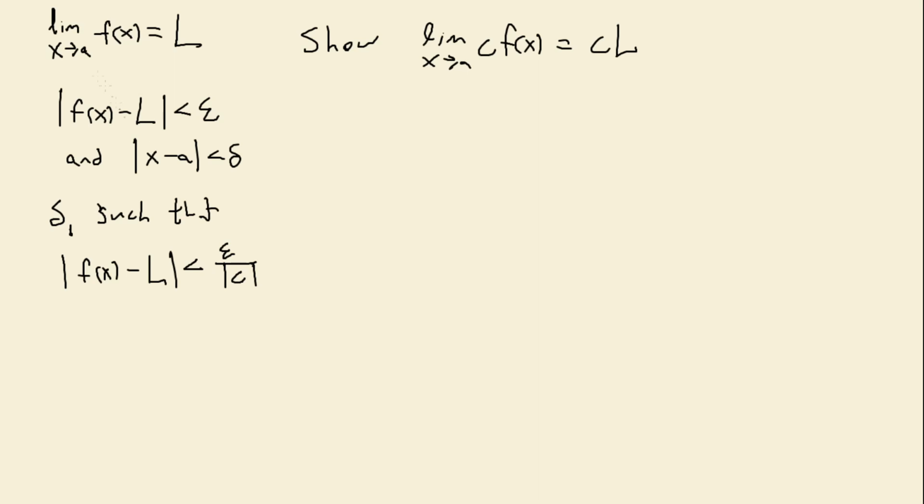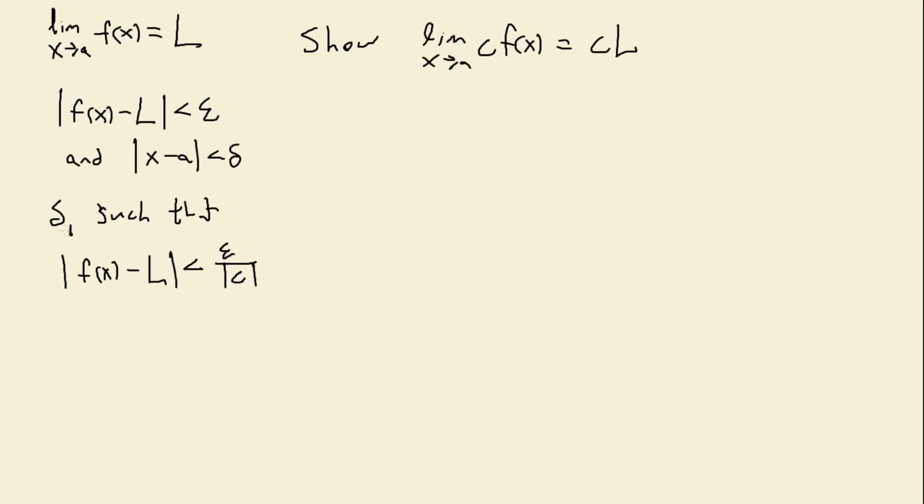We know that this is true because this limit exists. For any value of epsilon, no matter how small, there will always be some delta that we can find which will produce y values within the domain of epsilon of the value L, including an epsilon value of epsilon over the absolute value of c.